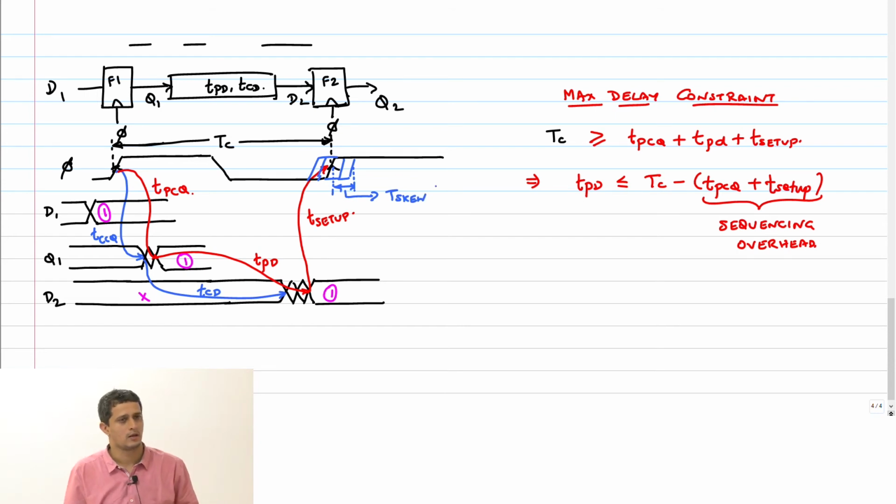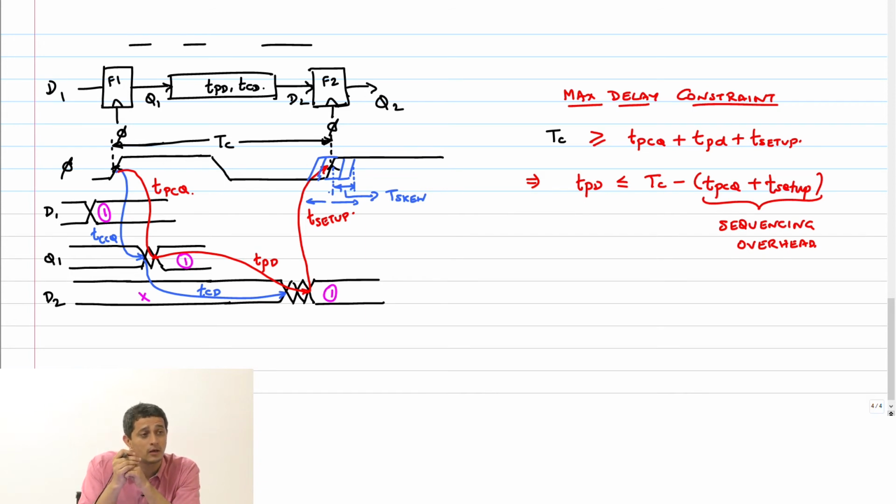Okay. Now I want to alter my timing constraint so that I am able to incorporate this skew as well. What do you think will happen? First of all, before you start this analysis, you have to tell me which case I should consider. Should I consider the case where the clock edge moves this way, or this way?